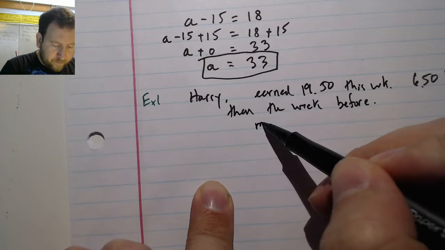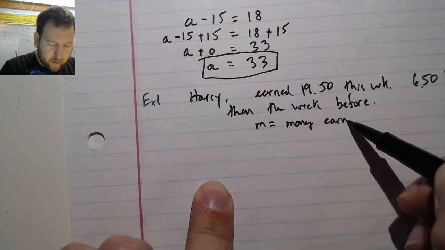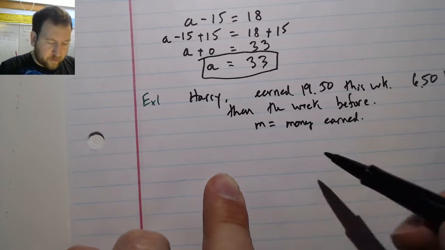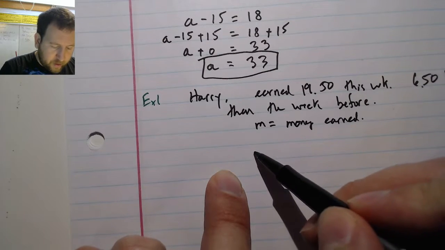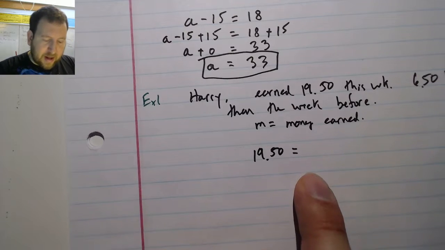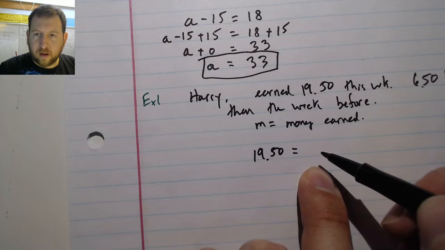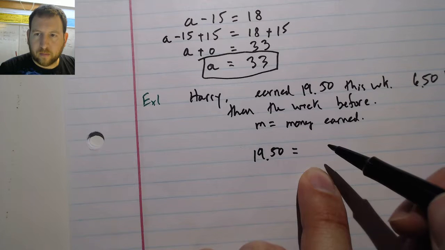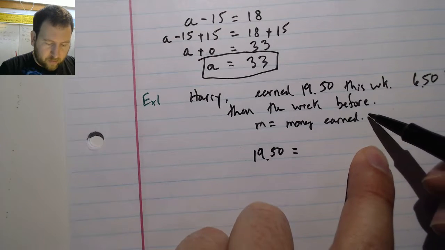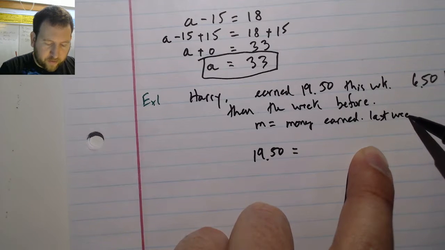So M equals money earned. All right, so he earned $19.50. And last week, he earned M. M is going to be our money earned last week because we don't know it.